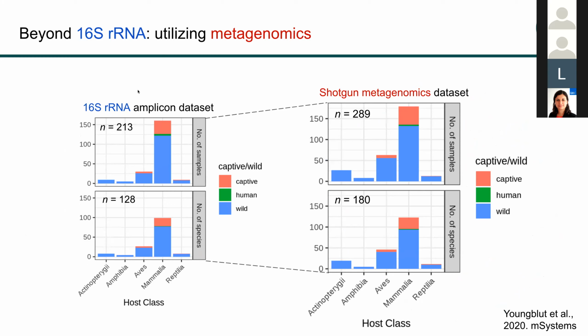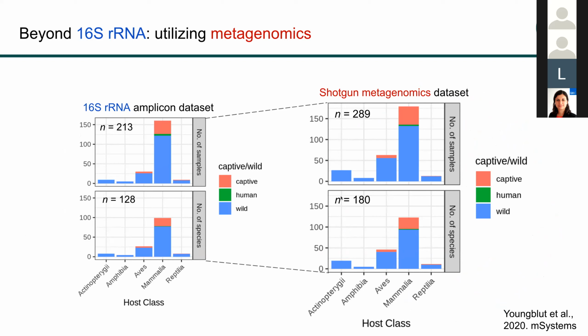And the nice thing about 16S is that it's relatively cost effective, but it does only provide information about taxonomic diversity. Whereas shotgun metagenomics is becoming cheaper and easier, and it provides a lot more data that one can use. The problem is it also is a lot more complex to analyze. But we went ahead with this for the animal gut data set.